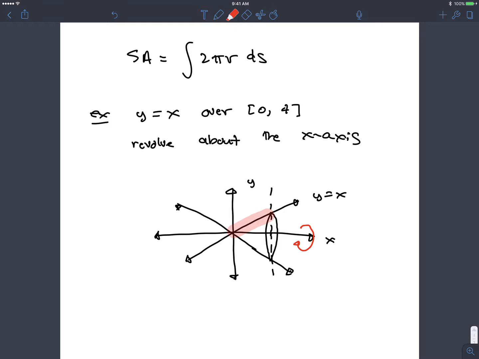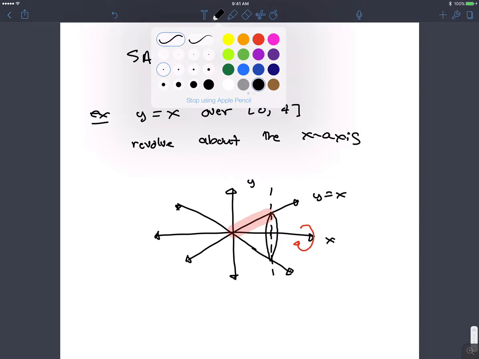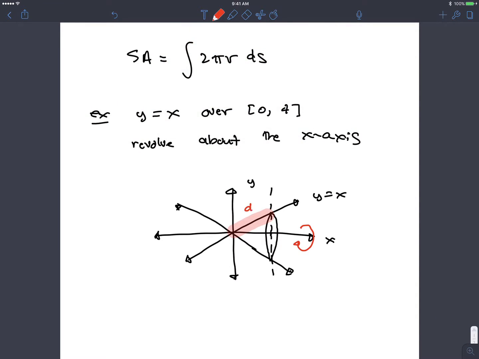If you remember correctly, last time we talked about how we're going to need a ds. Rotating that is going to give us a surface area, a lateral surface area. And remember, we're going to use this 2 pi r ds business.